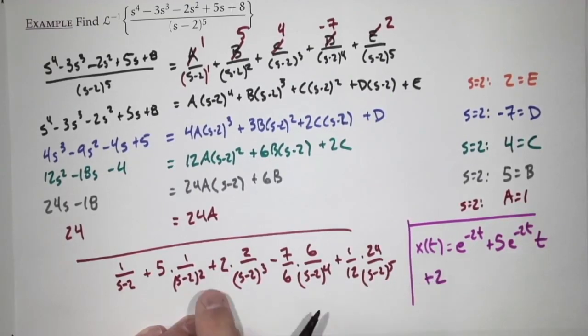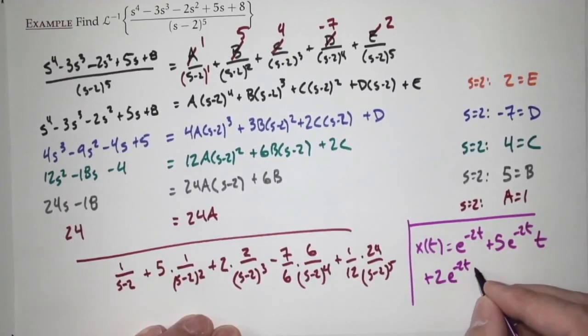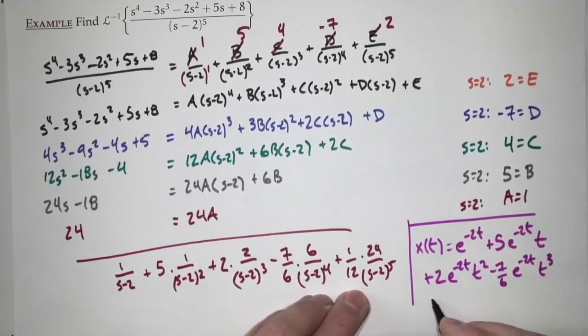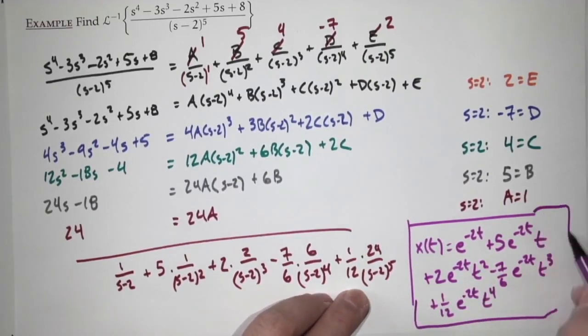Plus 2, and this will become e to the 2t t squared. Minus 7 over 6 e to the 2t times t cubed. Plus 1/12 e to the 2t t to the fourth. And we did it.